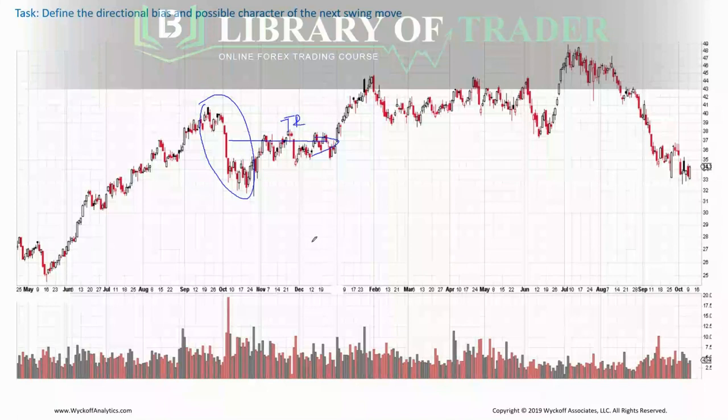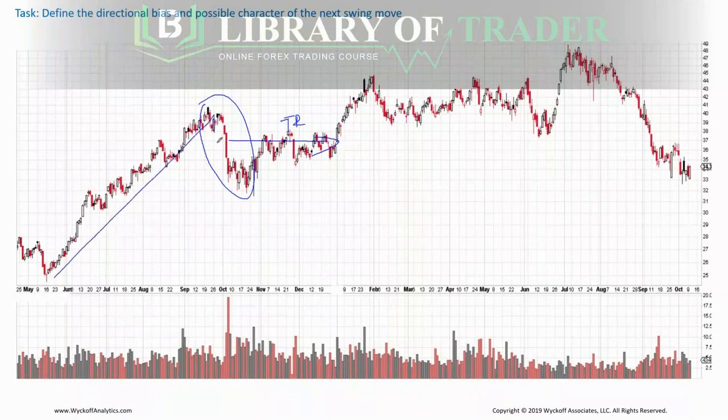For instance, do we negate all of the gains that we have built on the last rally? No. Do we have such a great bearish effort that produces a great bearish result?